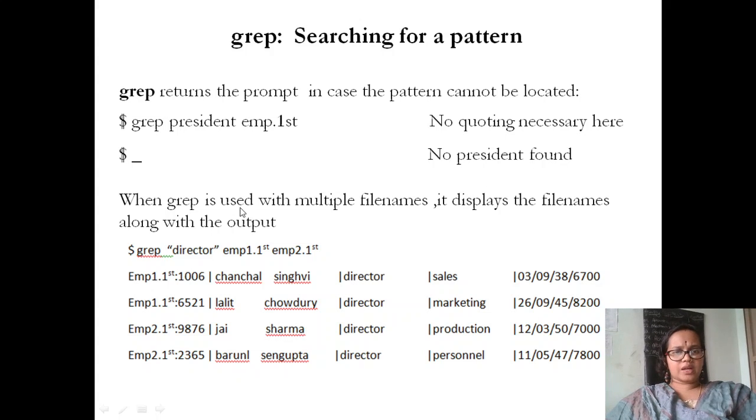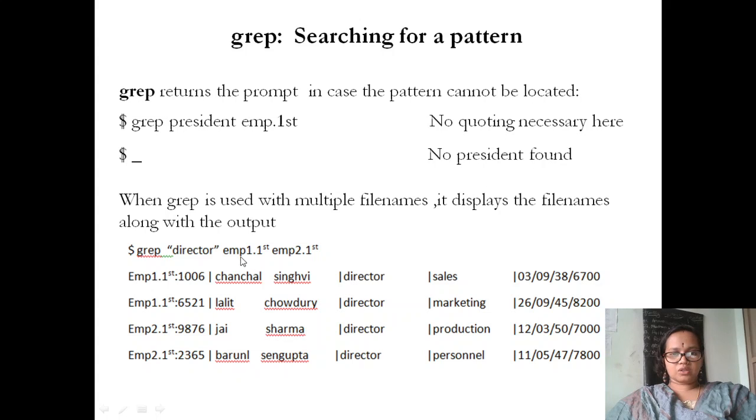Okay, so when grep is used with multiple file names, it displays the file names along with the output. You can see, as we just discussed in the previous slide, you can give more than one file argument. In this example you can see emp1.first and emp2.first.